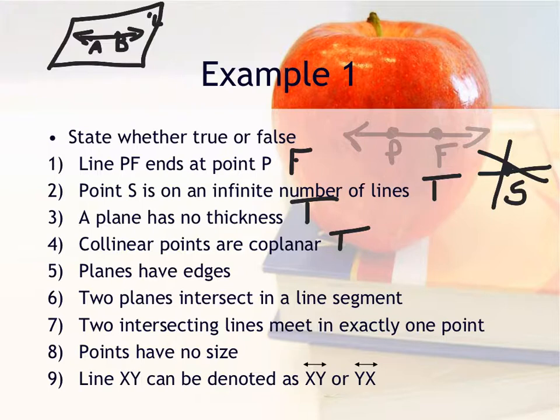Okay, planes have edges. False. Good. All right, number 6. Two planes intersect in a line segment. Do planes stop? No. So do they intersect at a segment? What do you think they intersect at? They're infinite. Let's think of this wall here as a plane and the ceiling.